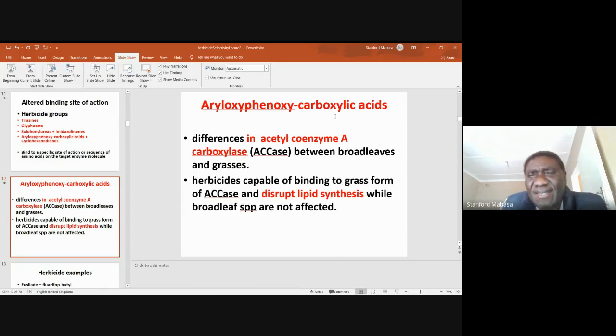So basically, we have got, let's say, groundnuts, soybean, and the grasses sharing the same enzyme, but in broadleaves, that is the soybean and the groundnuts, this enzyme is not going to combine with the herbicide. But in grasses, there's going to be successful combination, which results in the killing of the grasses.